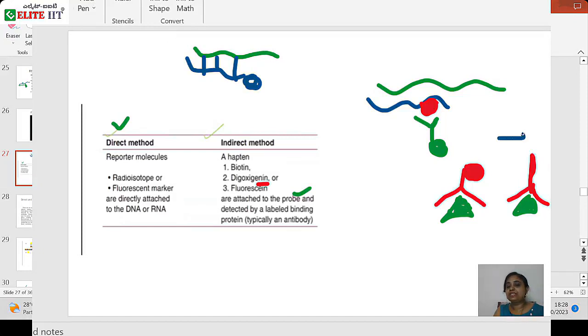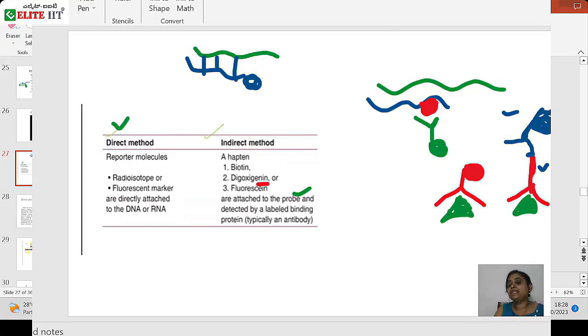In this case, the Fc region of the primary antibody is attached with the Fab region of the secondary antibody. Blue color is the secondary antibody and red color is the primary antibody. Now with the secondary antibody, you have to add the fluorescent compound, or in ELISA, the enzyme.